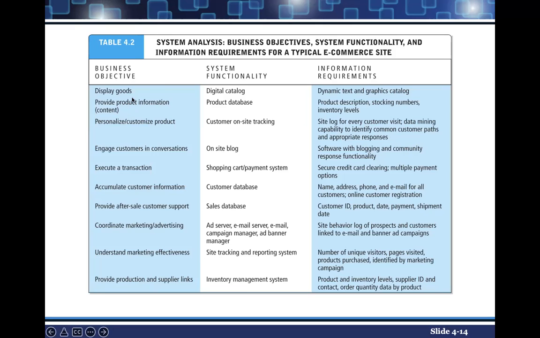So business objective, system functionality, and information requirements must go along together and correspond to each other. The rest of them you may read by yourself for the corresponding business objective, system functionality, and information requirements.